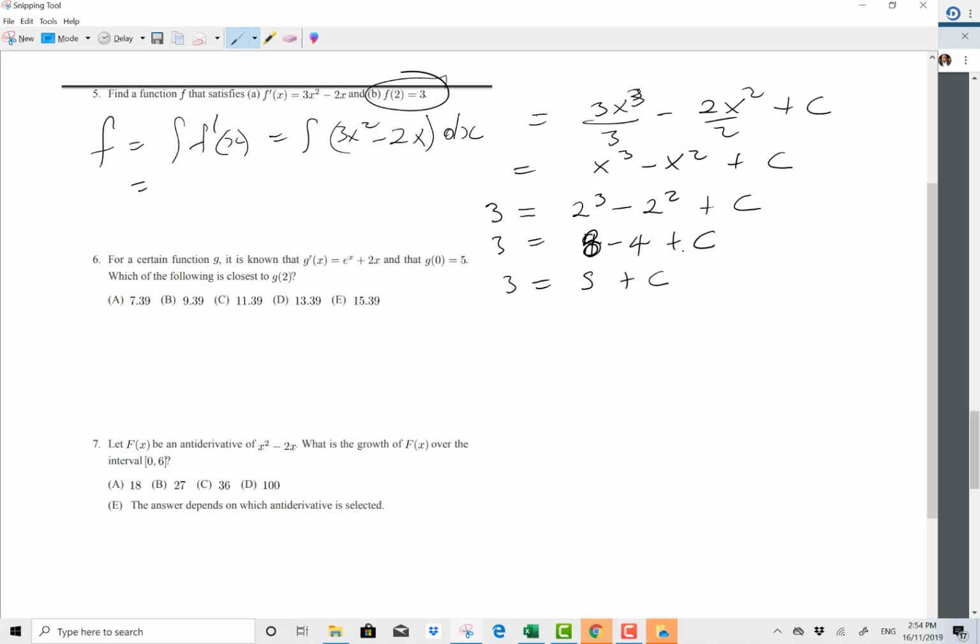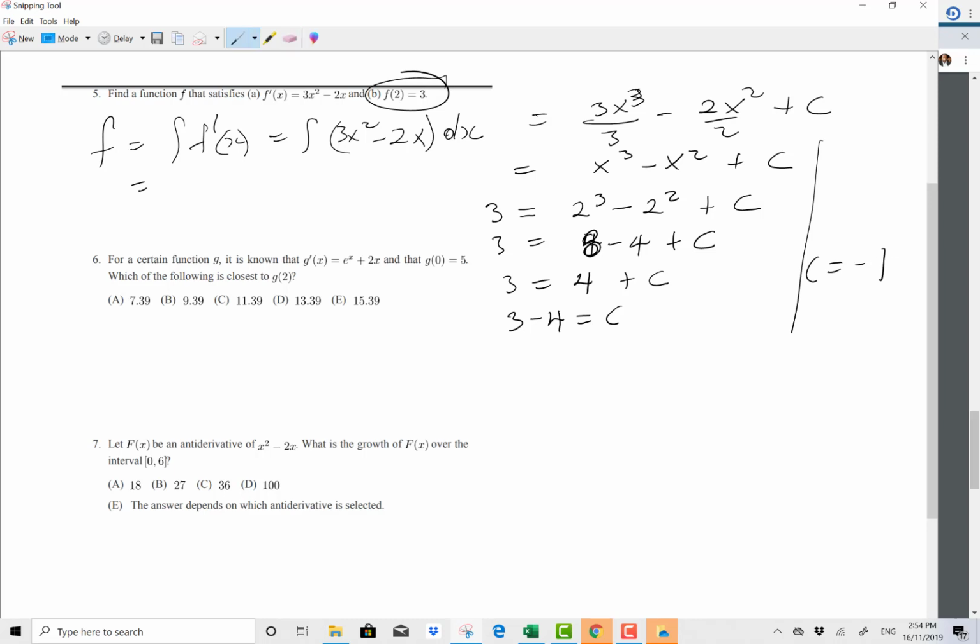So with that being the situation, my bad, 4 from 8 is 4. I'm a little bit exhausted, work with me. So that's going to be 3 minus 4 equal to c. So c is then going to be equal to negative 1.